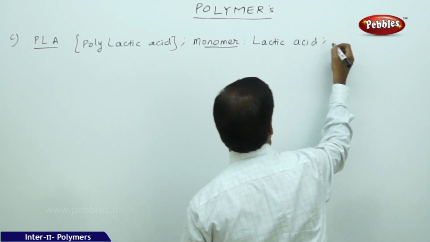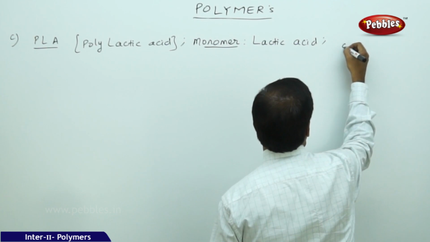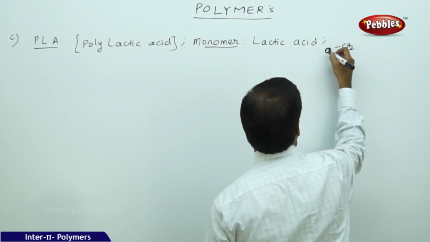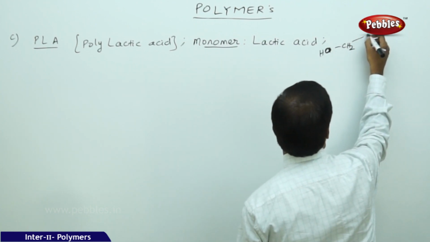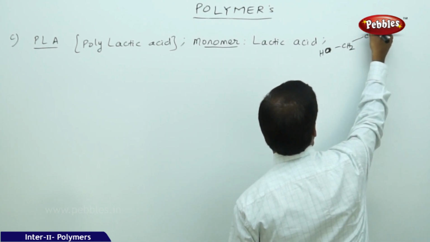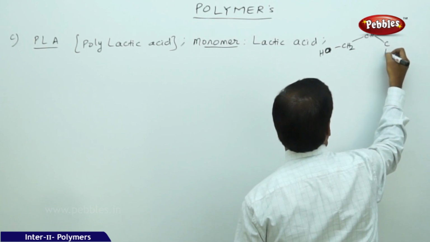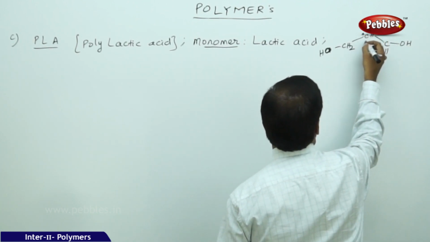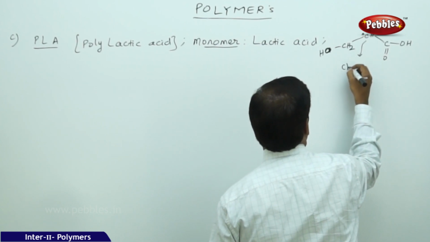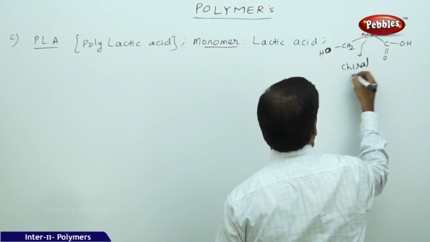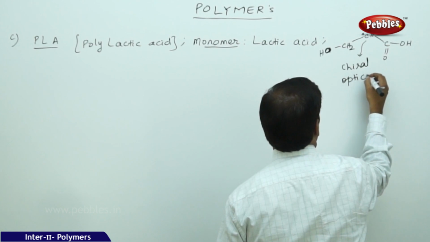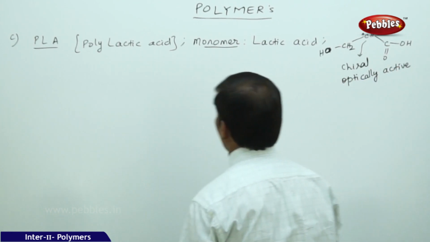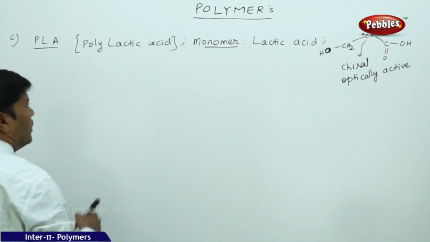Lactic acid structure you can take: CH2OH, CH of CH3 of carboxylic acid. Yes, it contains a symmetric carbon. It is chiral in nature and it is optically active.